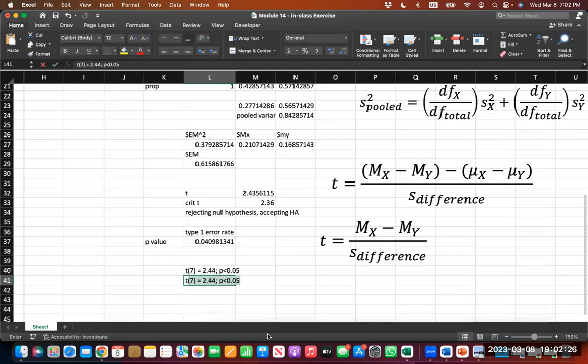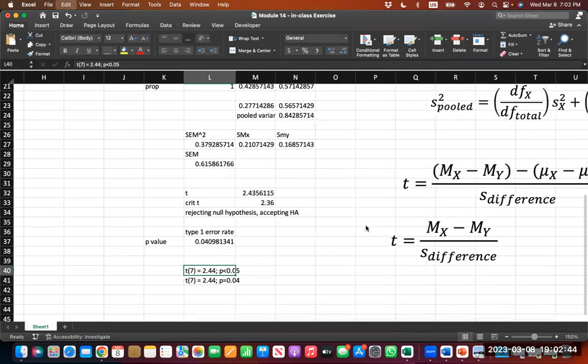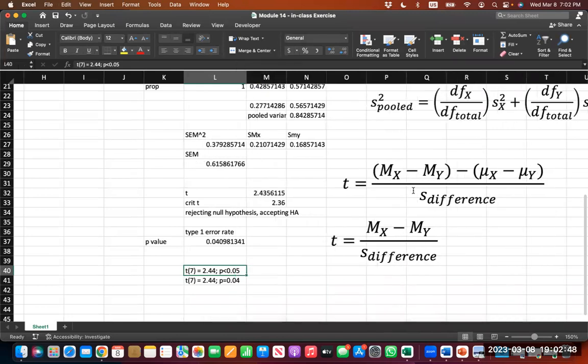In our case, because we calculated that p, we could also say p equals 0.04. That's another way to do it. If you know an exact p, you would report this p. Okay. Any questions on this?